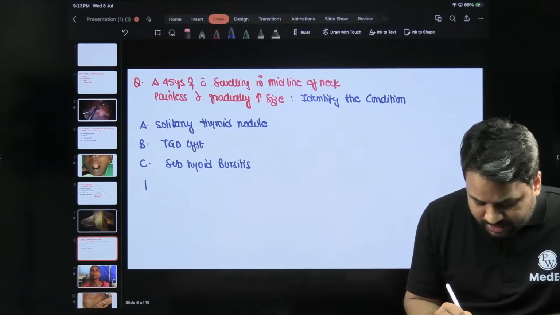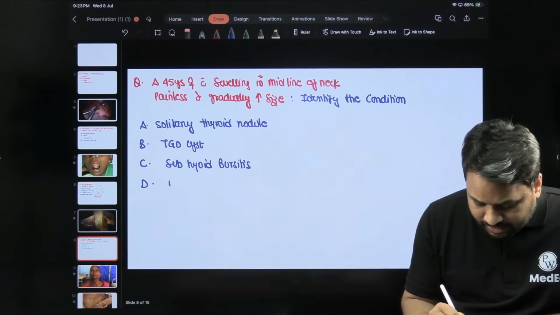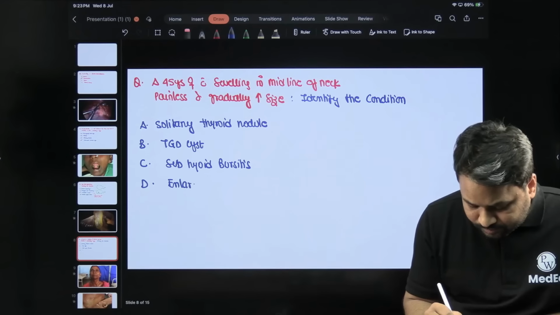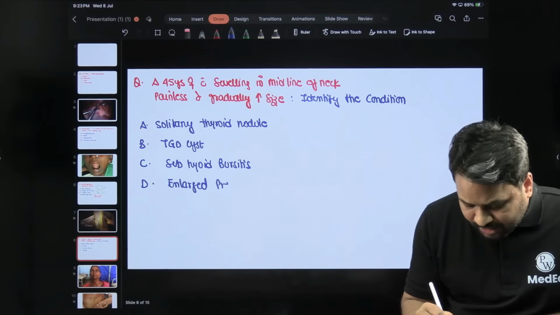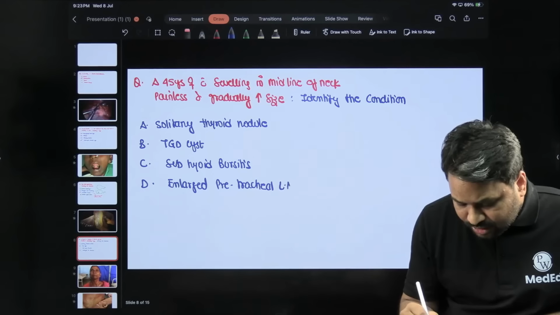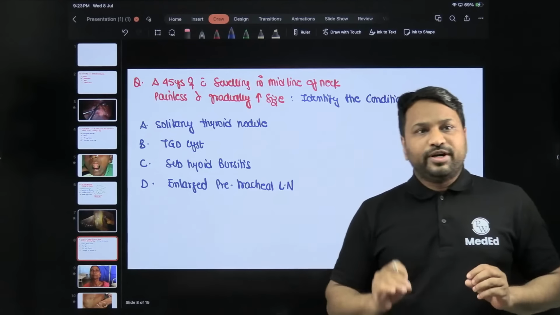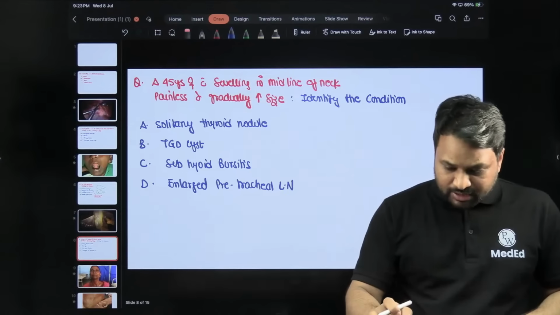Option D, is it enlarged pretracheal lymph nodes? So these are the options that you have. I'm going to show you the video and you are now going to tell me the answer.